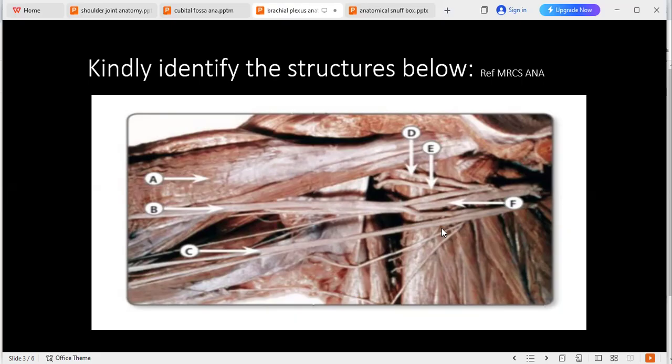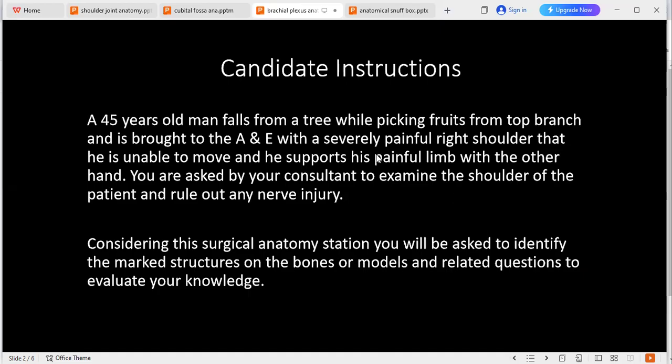This musculocutaneous nerve is a branch of which cord? It is the terminal branch of the lateral cord. Very good. Please tell me, considering the fall of this patient, what are the possible injuries that can occur to this gentleman?